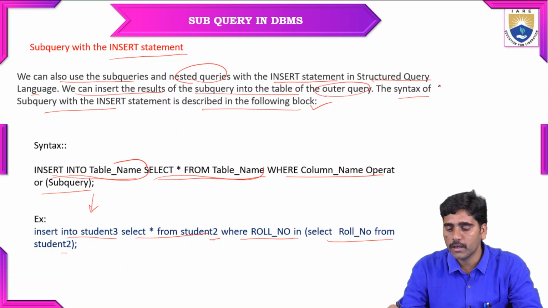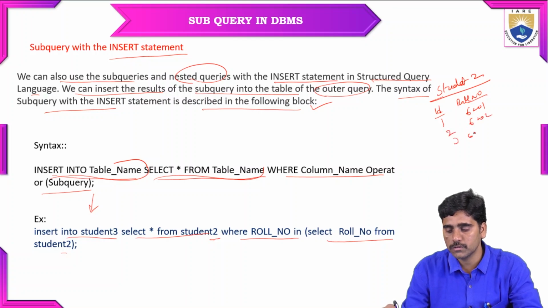Suppose I have the table student 2 containing ID and roll number, with ID 1 and roll numbers 6201, 6202 and 6203.